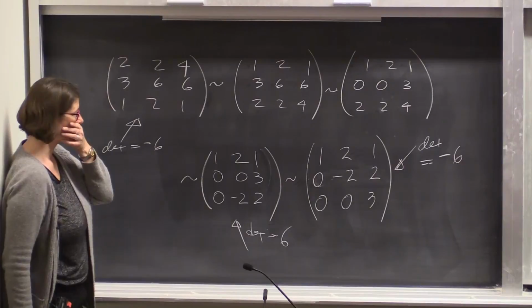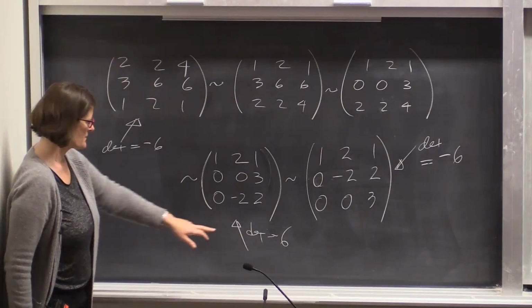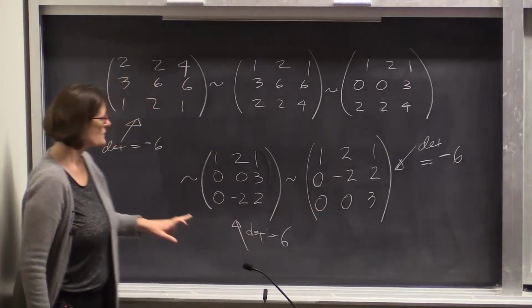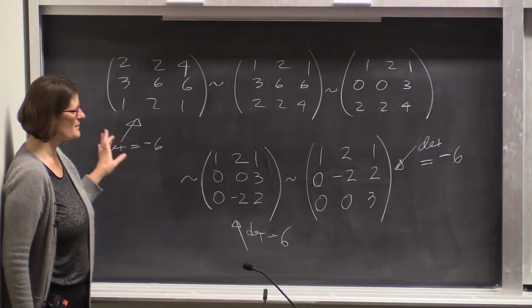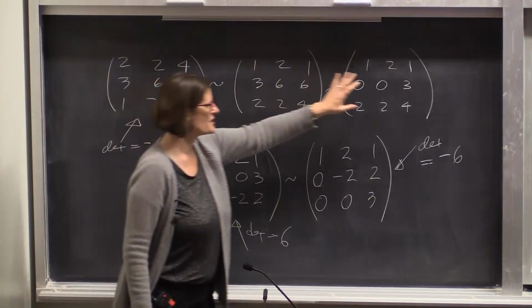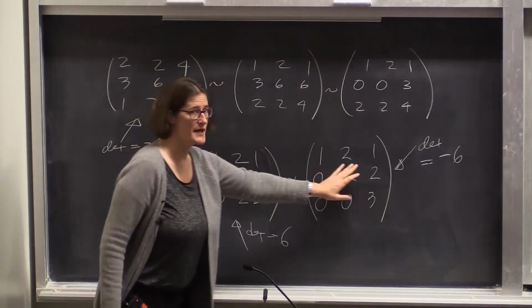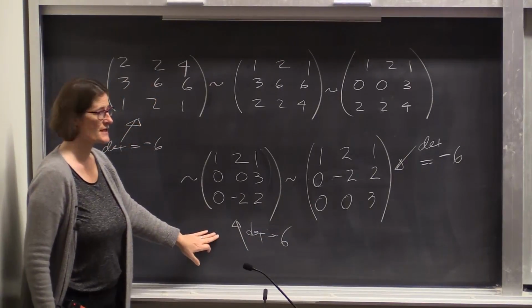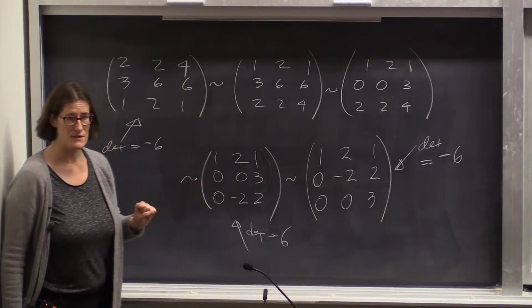So the determinant of this was 6, and the determinant of that was minus 6. So we see for sure that with elementary row operations, it's not just that the determinants remain unchanged, because right here we did an elementary row operation, and the determinant went from 6 to minus 6.